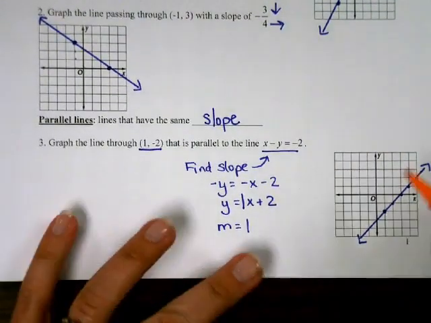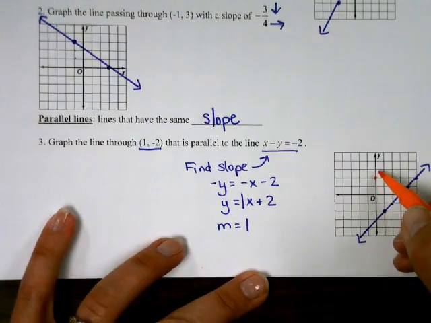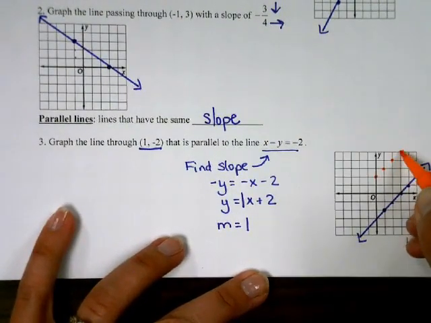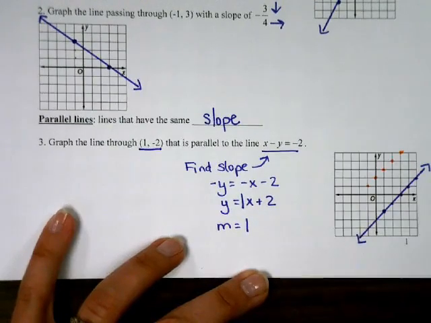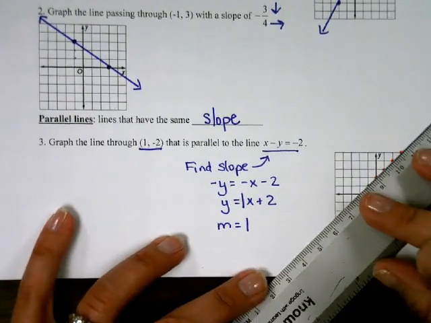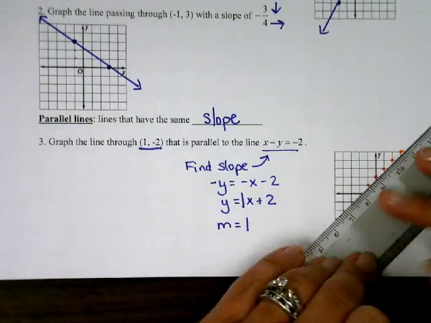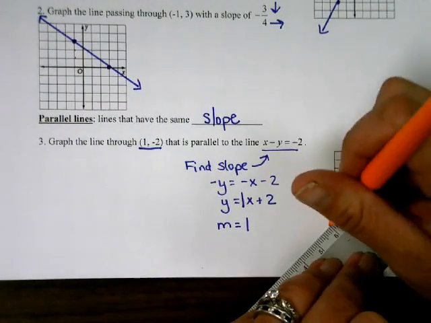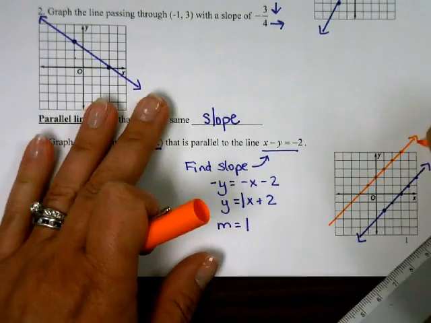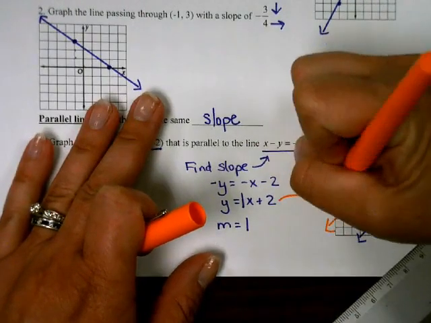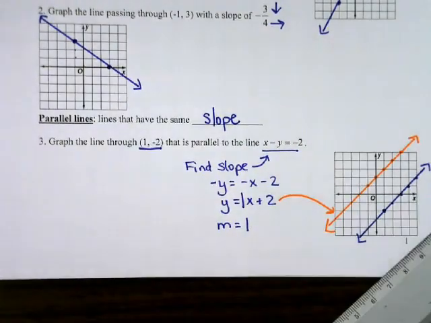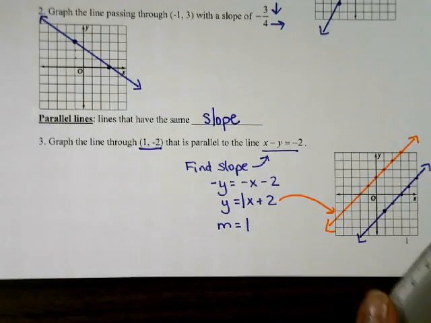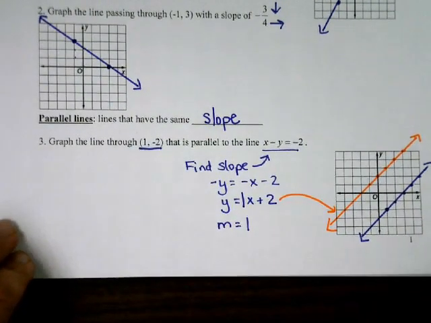If I start at +2 and go up 1, right 1, that line right there is my original equation. You can see that they are indeed parallel. So parallel lines have the same slope.